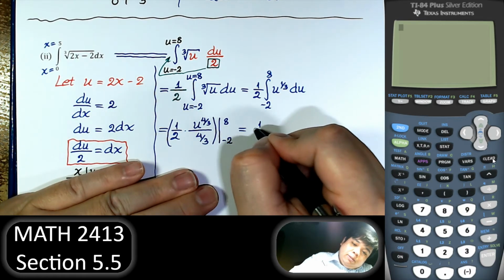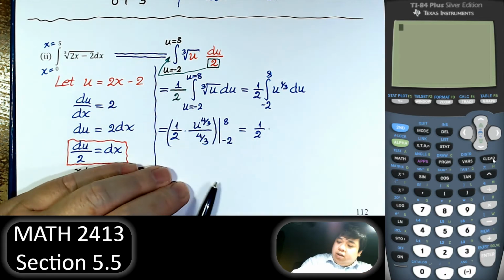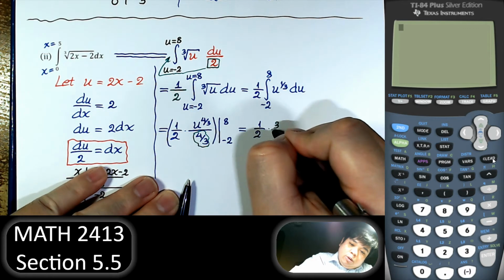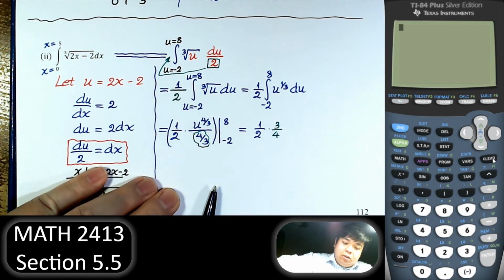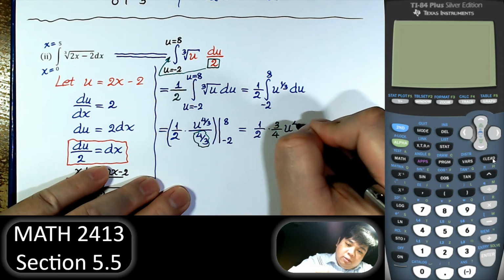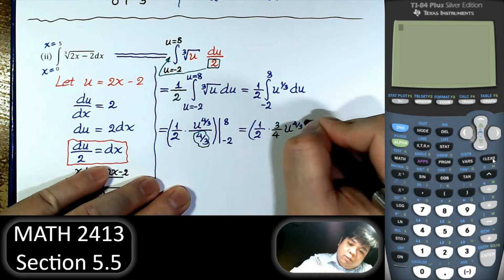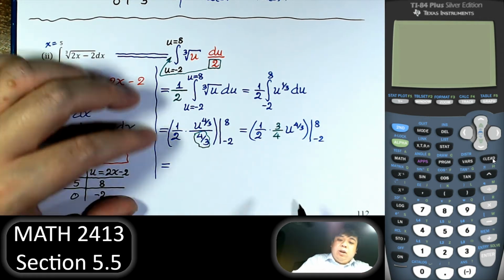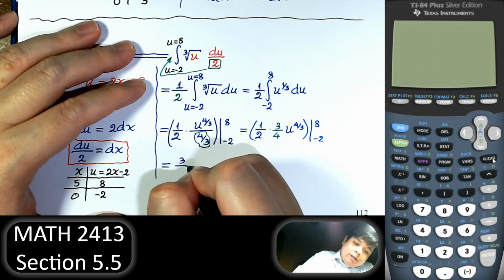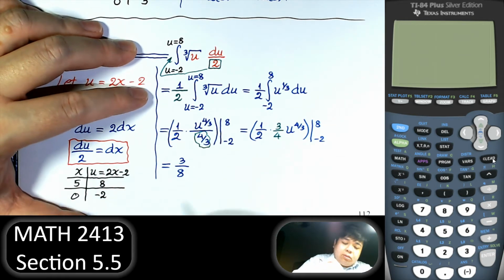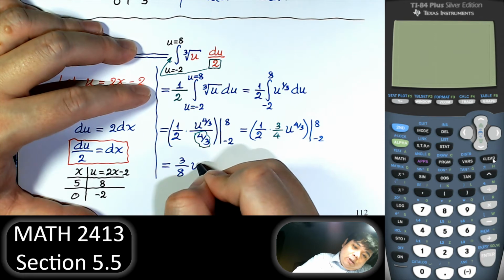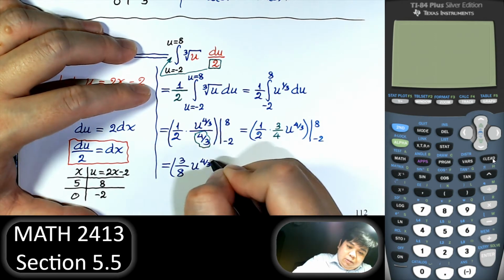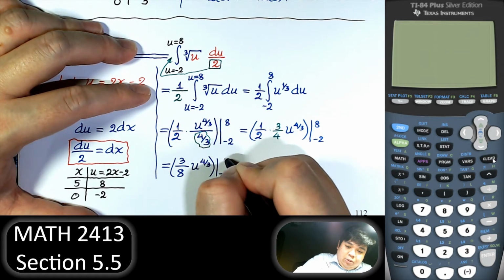Now, divide by 4/3 is multiply by the reciprocal. So that gives us 3/8 u to the 4/3 from -2 to 8.